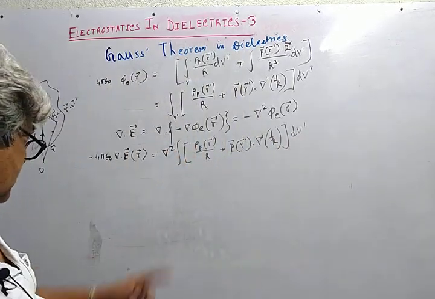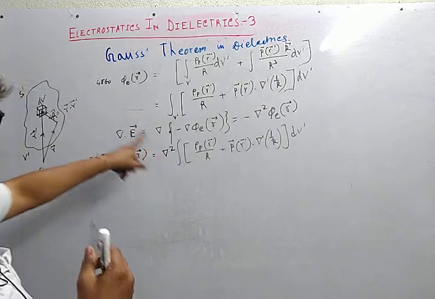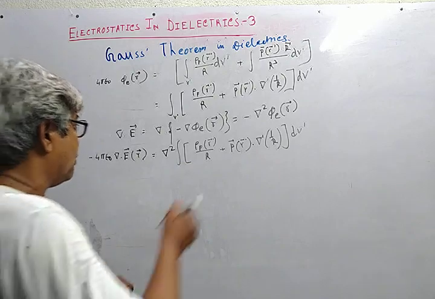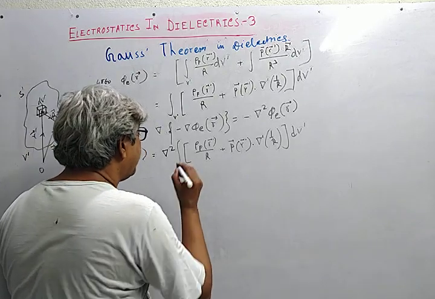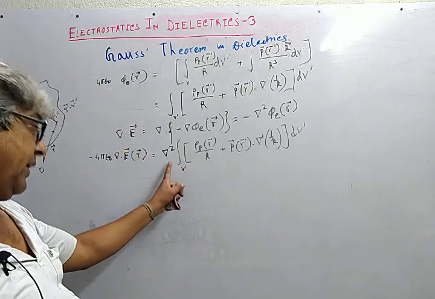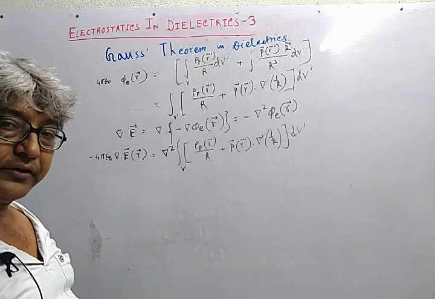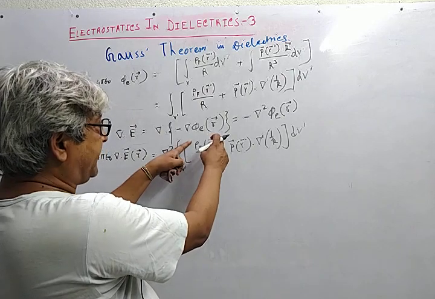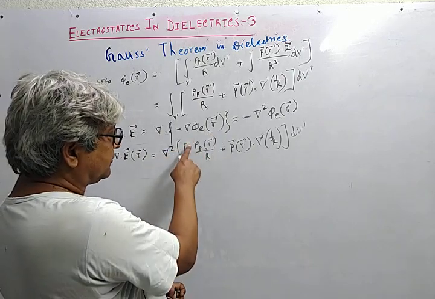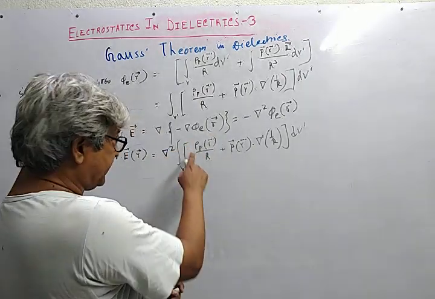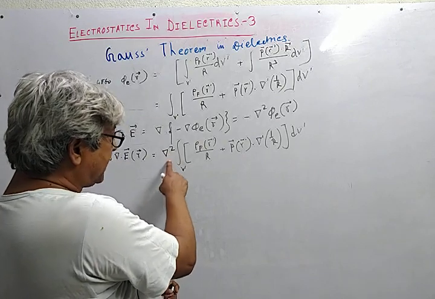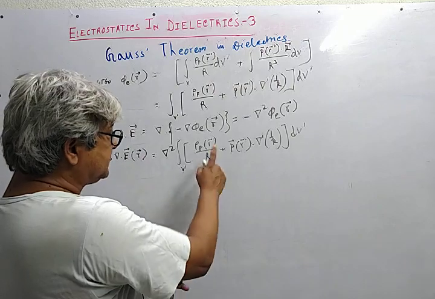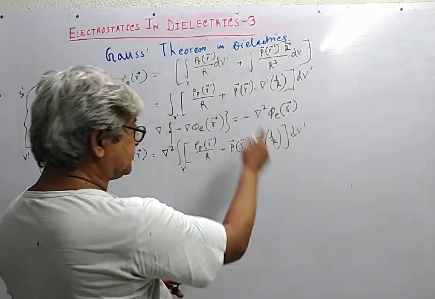Note that this differentiation is with respect to field coordinate and integration with respect to source coordinate, and they are independent of each other, so we can exchange the order of integration and differentiation. Furthermore, this does not operate on this because it is a function of the source coordinate. So the Laplacian operates only on 1 upon R, and similarly the Laplacian also operates on this.